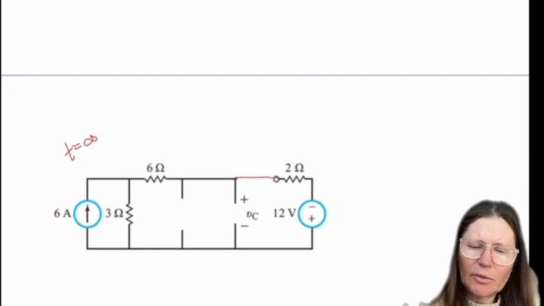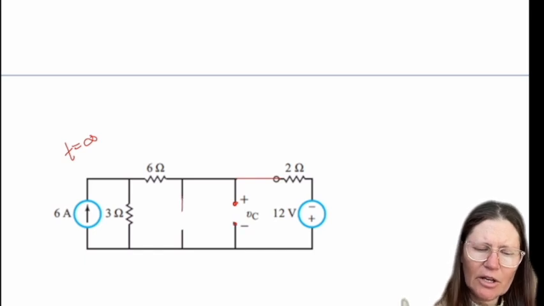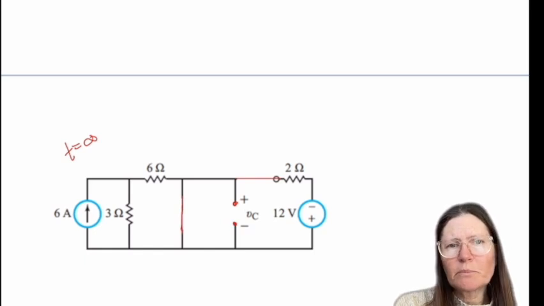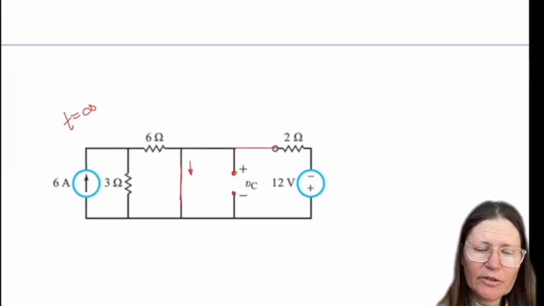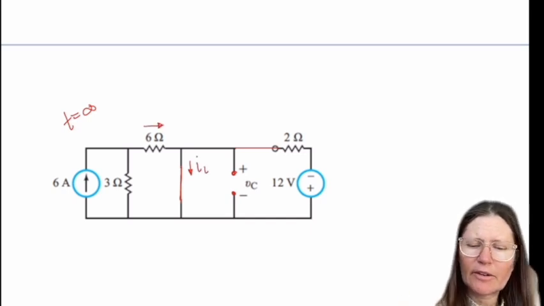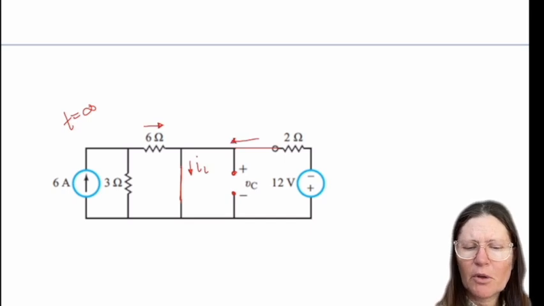And in this case, we have the circuit is closed. And again, these have sat there a long time. And we have this turns into a wire. So IL now, we have current coming from the 6 and we have current coming from this side.